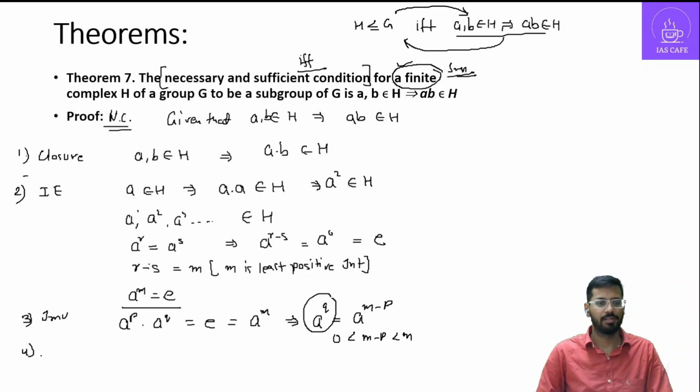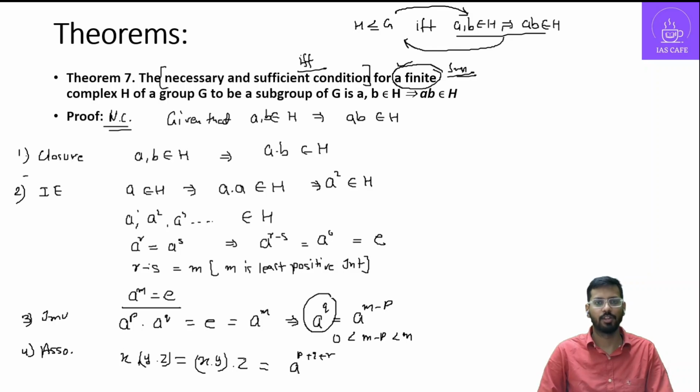Now the fourth property is associativity. That will be satisfied. It means if we take three elements x, y, z, then x dot y dot z is equal to x dot y dot z, that is equal to, suppose, a raised to power p plus q plus r.